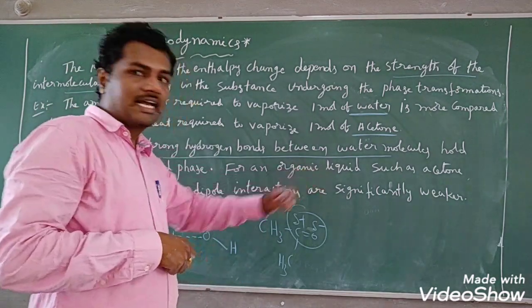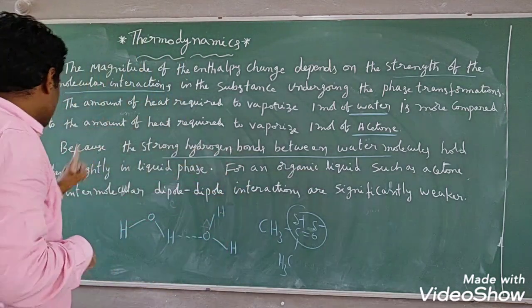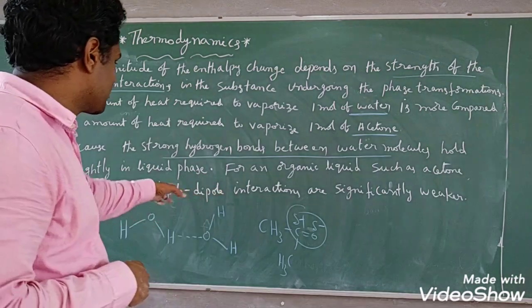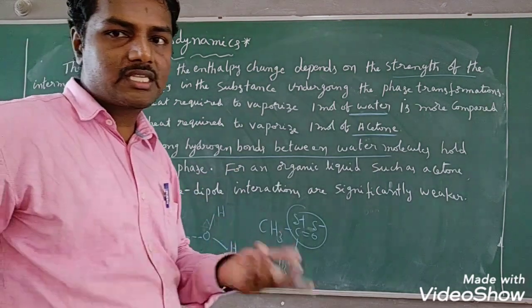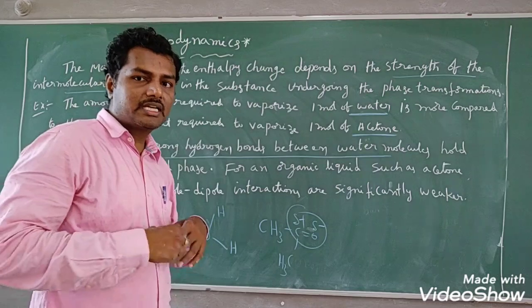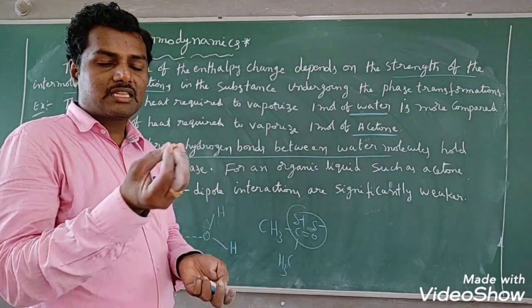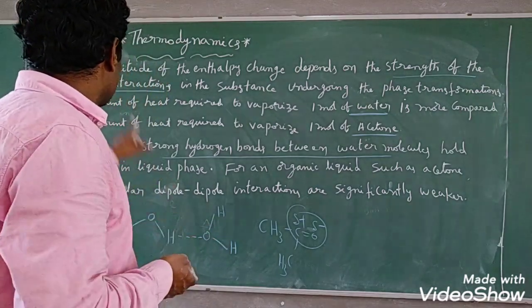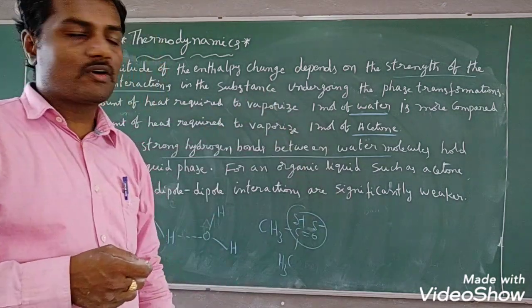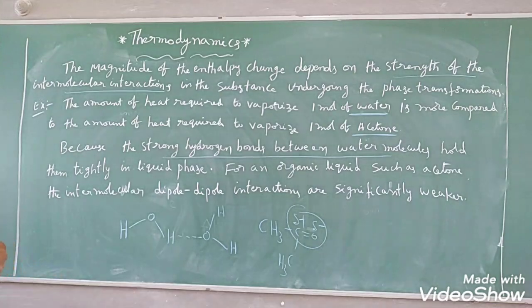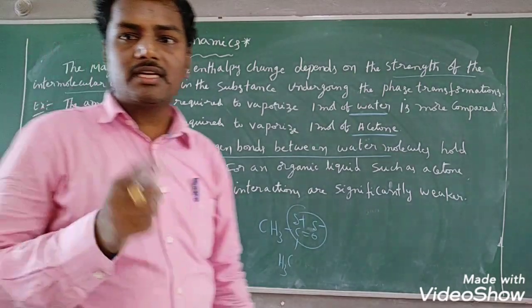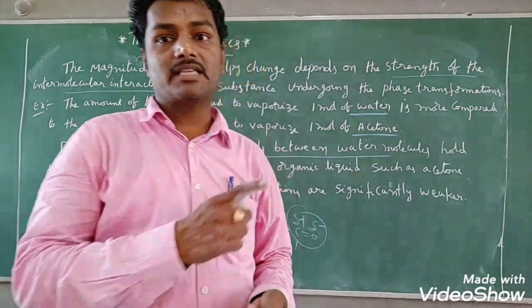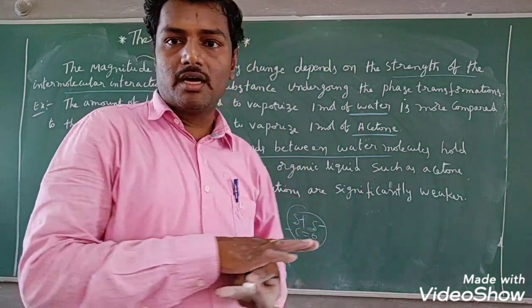But in organic liquids such as acetone, the dipole interactions are significantly weaker, so it can easily vaporize with less heat, students. So the amount of heat required to vaporize 1 mole of water is more compared with that required to vaporize 1 mole of acetone, students.